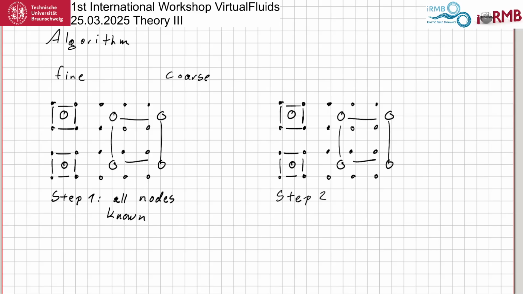Step 2. So step 2 is we do a fine time step. Now remember, we have nested time steps. We have 2 fine time steps for 1 coarse time step. If we apply 1 time step, we do a collision, we do a streaming, then you notice that these nodes here on this side don't have any neighbors on one side.